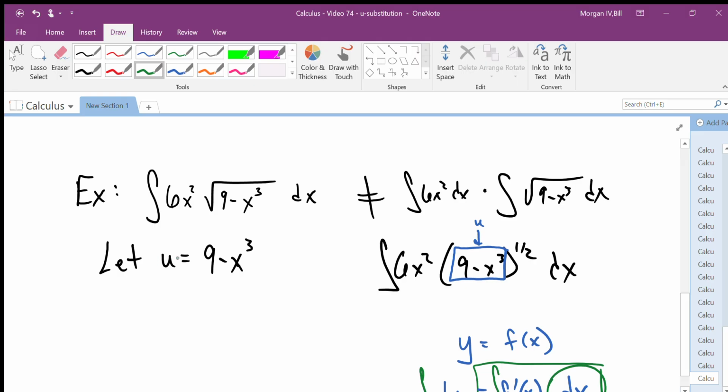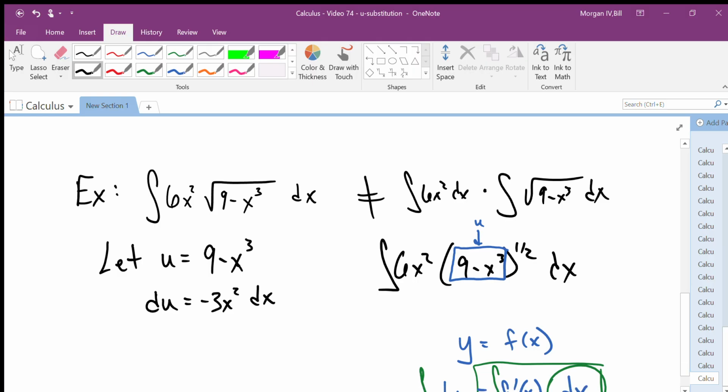When I have u is equal to 9 minus x cubed, I'm going to take the derivative of both sides, but in differential form. So the derivative of u, we're going to write that as du, is equal to f prime. So the derivative of 9 minus x cubed is negative 3x squared, and then dx.